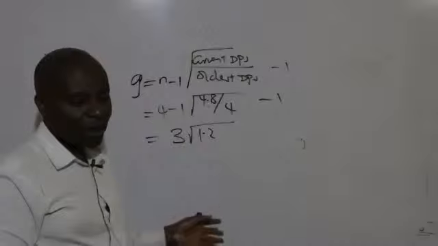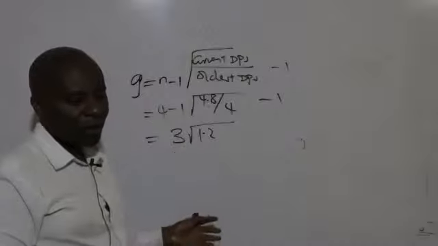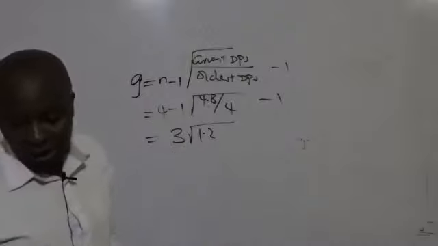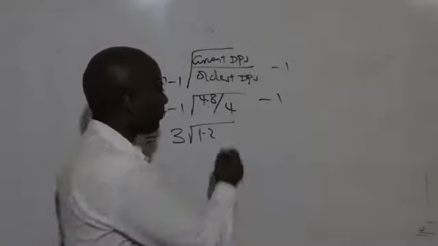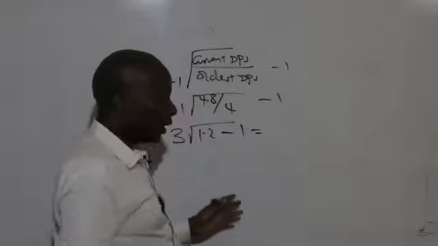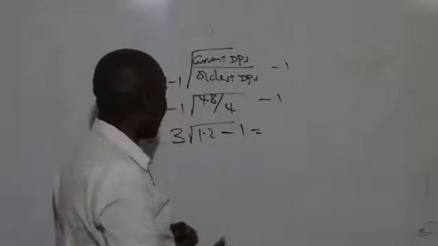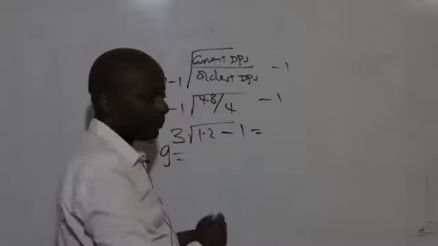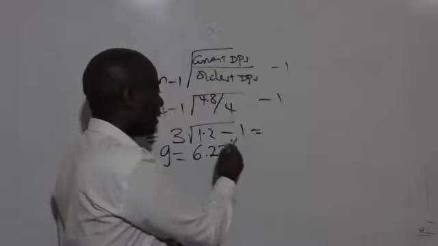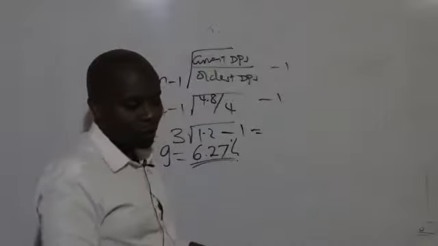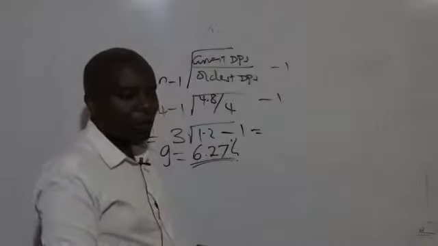Please guide us accordingly. What do we have there? So at the end of the day, when you subtract 1, what is the growth rate? 6.27%. Thank you very much.